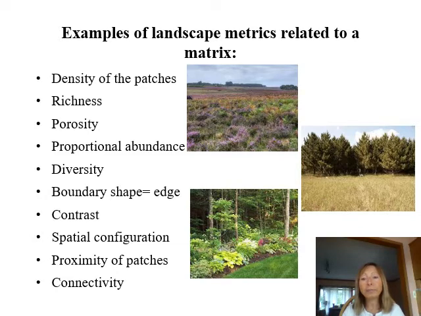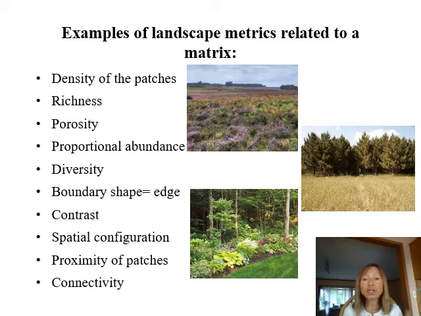The landscape can consist of a matrix and a variety of different patches, and so how densely those patches are distributed within a surrounding matrix would determine what kind of species can live there, what kind of land use we can have there. So it will help us just to understand what is the role of different types of landscape elements as patches in their connection to matrix.